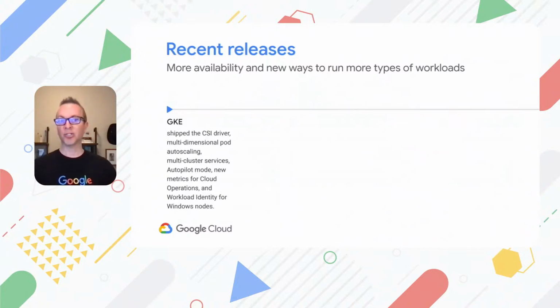And even GKE standard, as we call it now, still requires you to understand when to scale nodes. You have to understand some troubleshooting. Autopilot says, I just want the Kubernetes API. Google runs everything underneath. We provision the nodes, we scale it, we manage it, we patch it, all of those things. All you do is deploy to it, and it swells to whatever size you need, can contract if you don't need it.